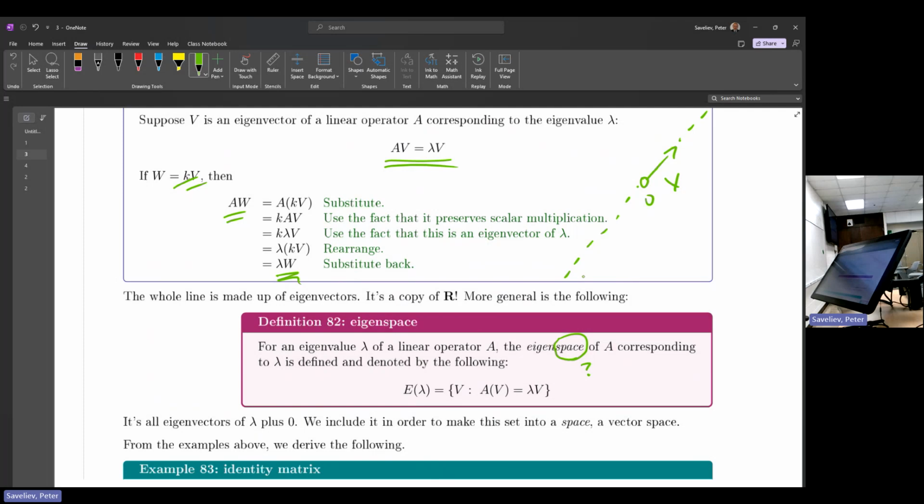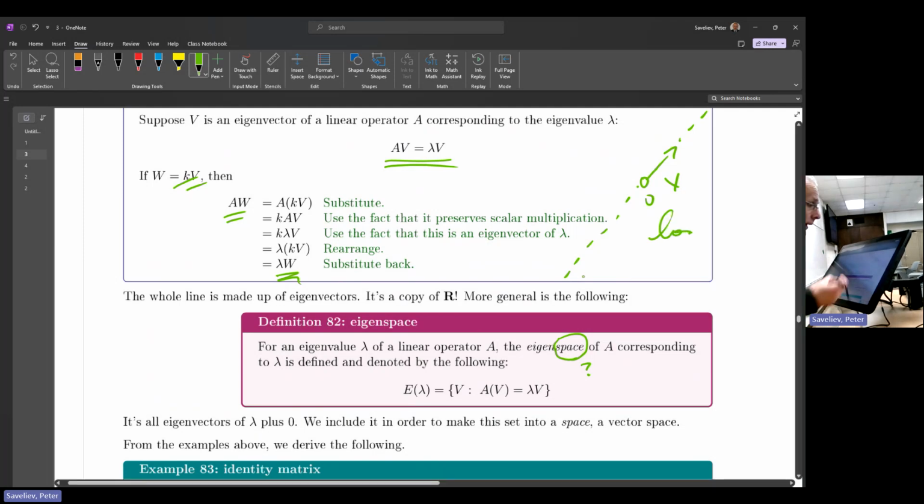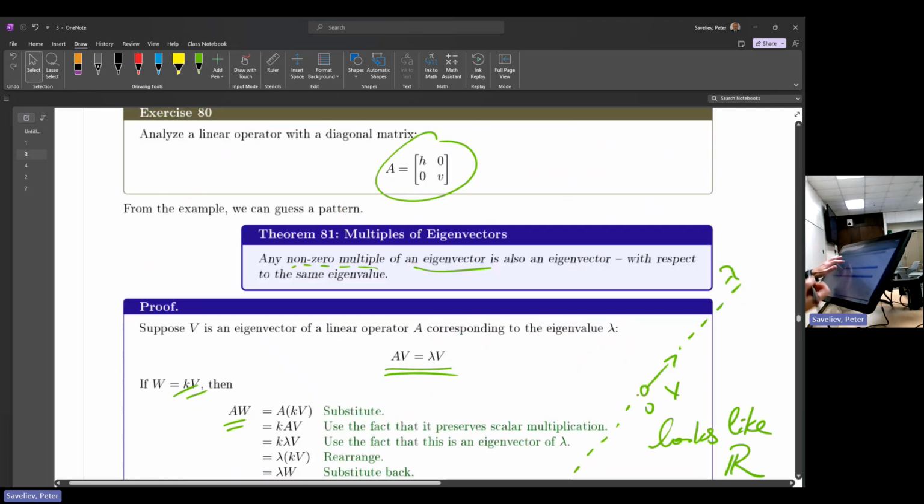Well, it could be a plane, but strictly speaking, the first example is a line, and that is a space. What does it look like? It looks like R, the real line. That's the simplest vector space that we can think of. But then the second one is indeed the plane. We already had an example of that.